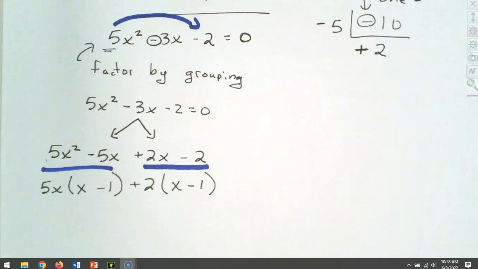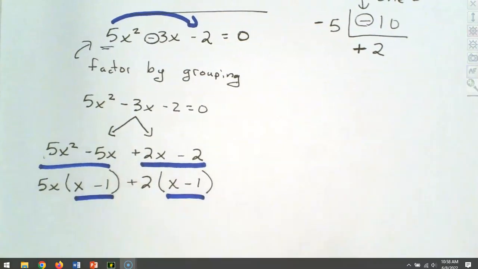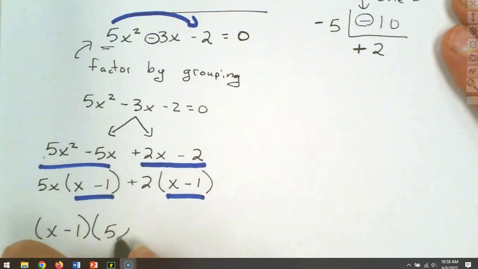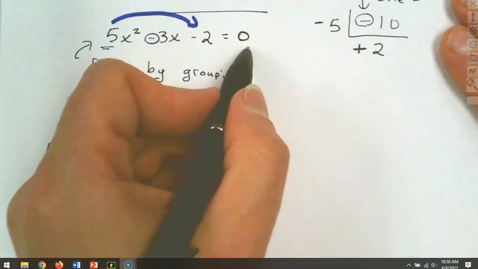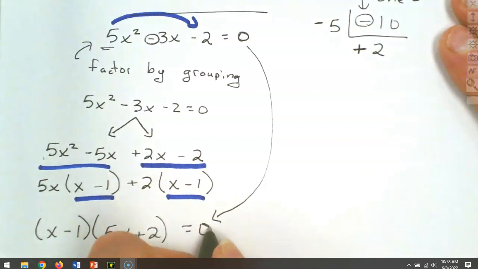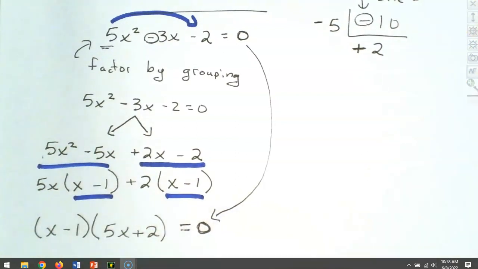Are my groupings identical? Yep, they have to be. If these are not the same, you made a mistake. So those are the same, so that's going to come out as an x minus 1. And what's left over? 5x plus 2. And what does it all equal? Still 0.